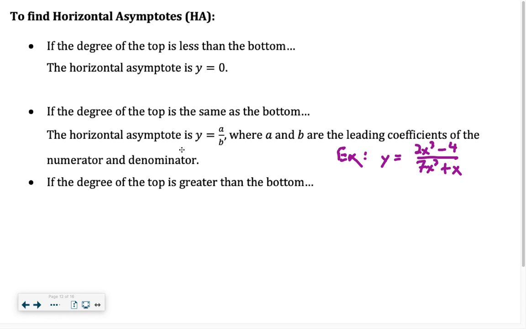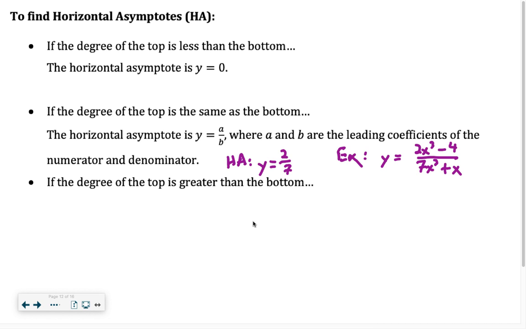Then the horizontal asymptote is y equals leading coefficient of the numerator over leading coefficient of the denominator. So for this example, my horizontal asymptote would be the line y equals 2 over 7, y equals 2/7. Okay? If the degrees are the same, the equation is y equals leading coefficient over leading coefficient.